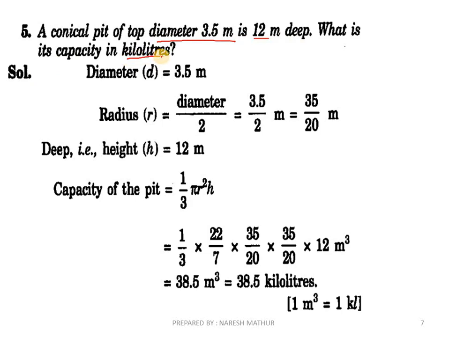We are given dimensions in meter, so the radius would be 3.5 by 2, or we can write it as 35 by 20, and height is already in meter, so the capacity of the pit is 1/3 pi r square h. We'll just solve it and get the answer in meter cube. Now 1 meter cube equals 1000 liter, or 1 kiloliter, so we can convert it into kiloliter, and 38.5 kiloliters would be our answer.